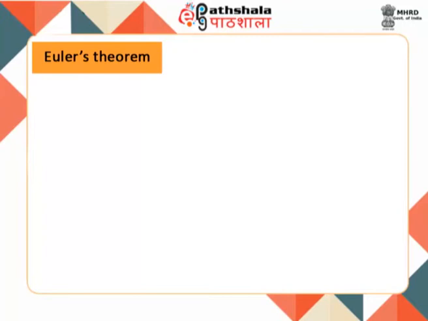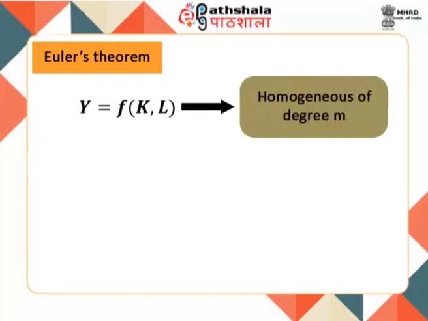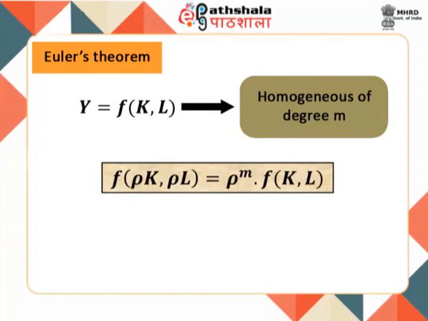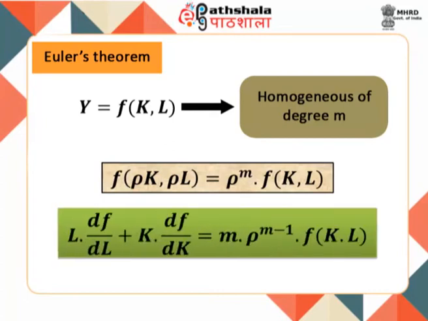Let us consider a production function Y = f(K, L), which is homogeneous of degree m if f(ρK, ρL) = ρ^m f(K, L). Differentiating with respect to ρ, we have L·∂f/∂L + K·∂f/∂K = m·ρ^(m-1)·f(K, L).